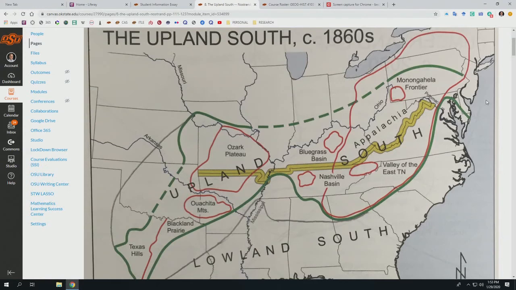But the Red Sticks, or the Red Stick Creeks, became a group of people who were allied with groups of Cherokees who were anti-American. They had lost lands in Virginia and elsewhere and had been forced down into this part of Alabama and Georgia. And they called themselves the Chickamaugas.